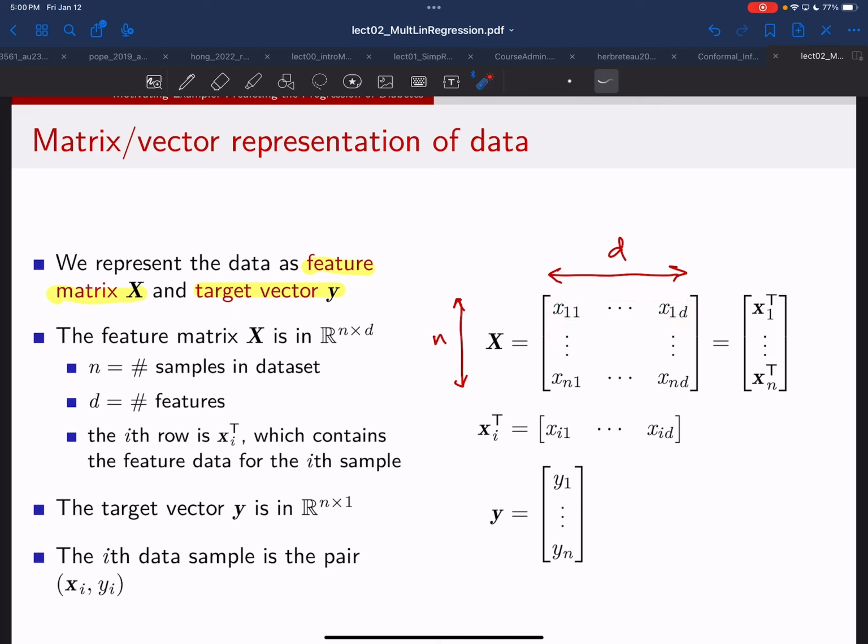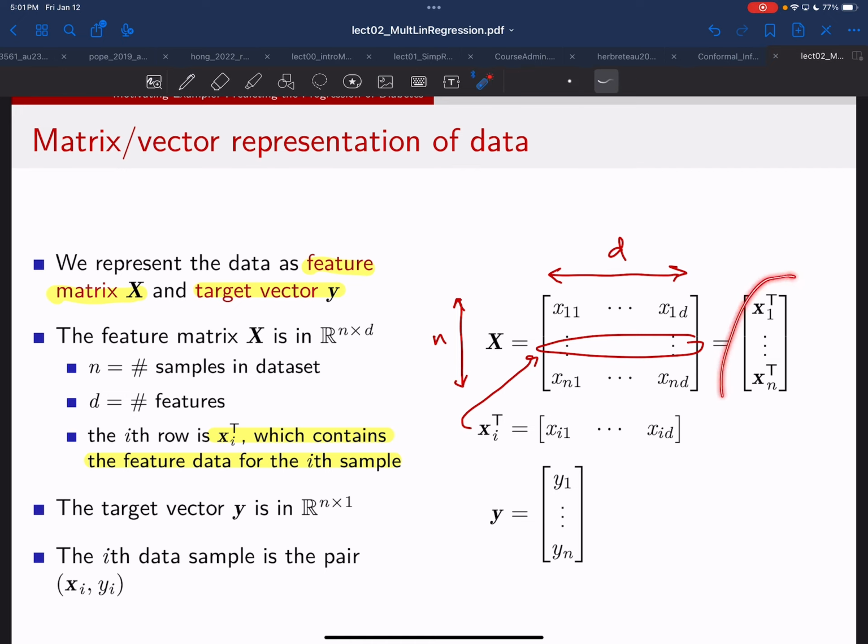So what I want to do now is define a vector x, which is a column vector, but if I transpose it so that it becomes a row vector, that should be the ith row of my data matrix. In other words, x_i transpose contains the feature data for the ith sample, and it lives in the ith row of that matrix.